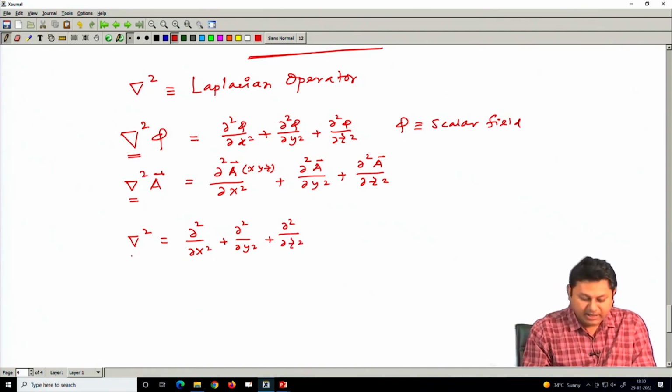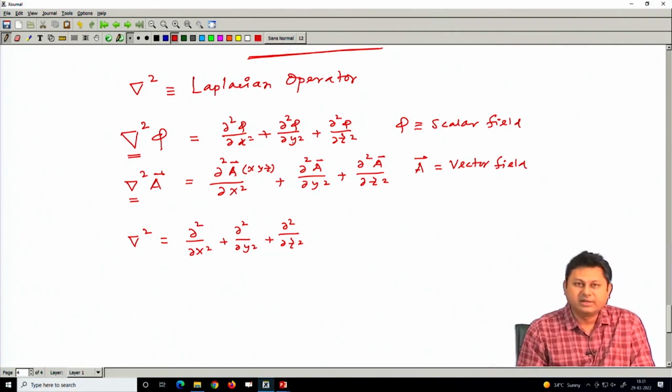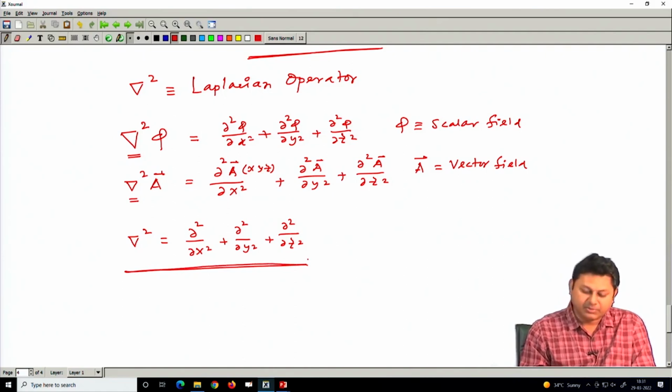That means it can operate over a scalar field and also over a vector field. When it operates over a scalar field, the end result will be a scalar. When it operates over a vector field, the end result will be a vector. That is all. This is roughly the way this Laplacian operator operates.